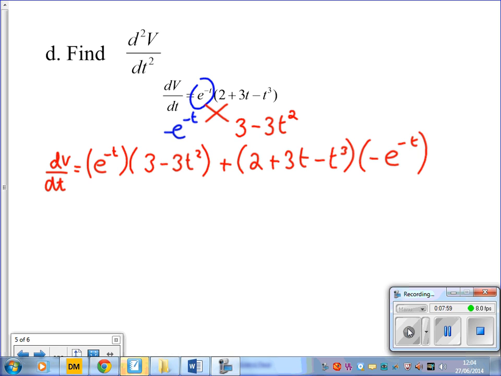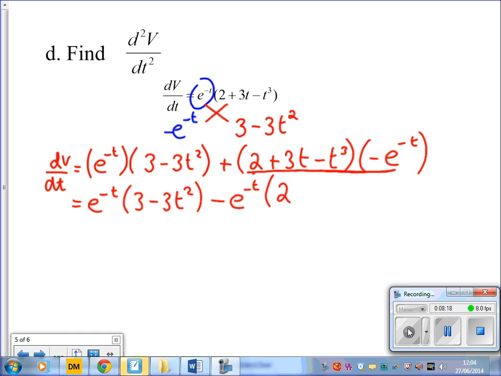So I'm just going to switch this second term around as I did before to make it easier to see where we're taking the factor from. So I'm bringing the minus e to the minus t up front and leaving this in brackets still.